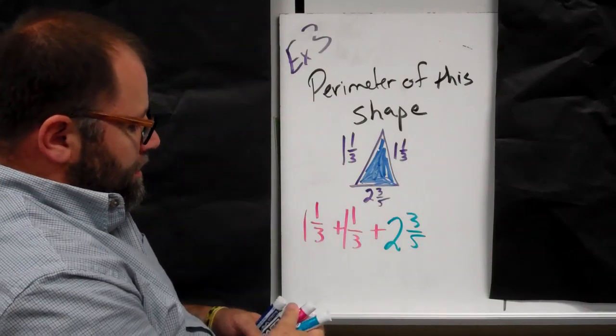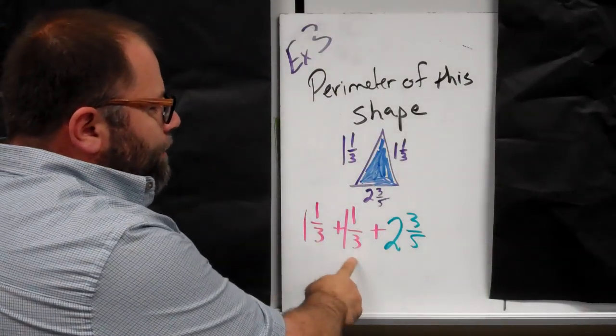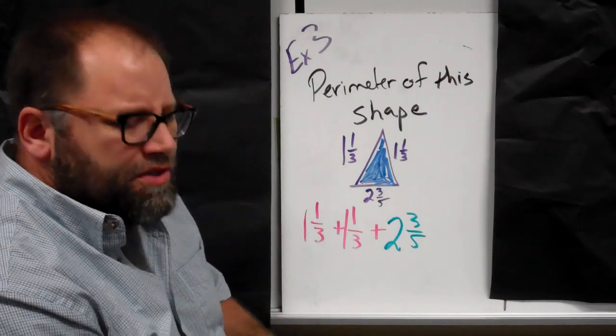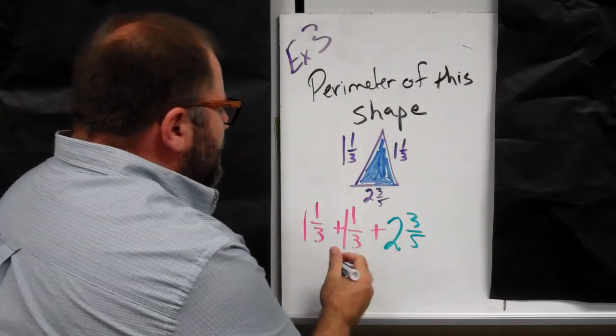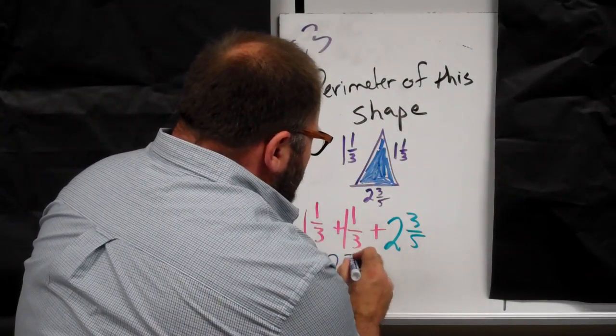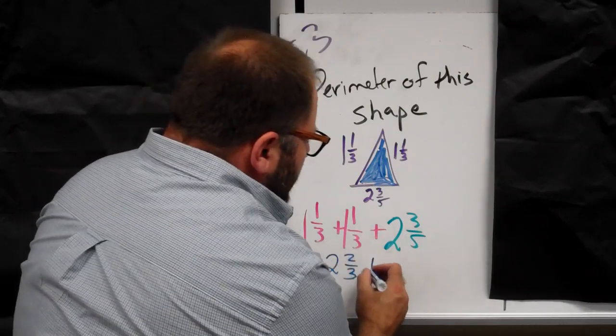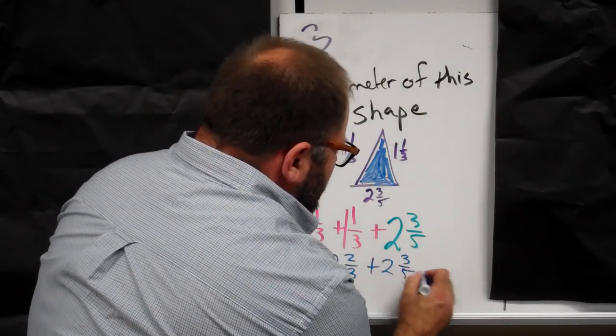I've got 1 and 1/3 and 1 and 1/3. I can kind of put those together already, right? That's got to be 2 and 2/3 plus 2 and 3/5.